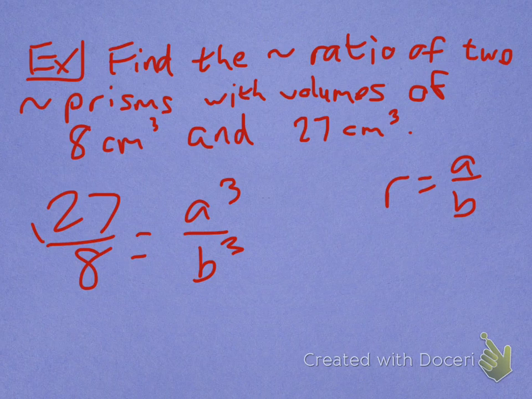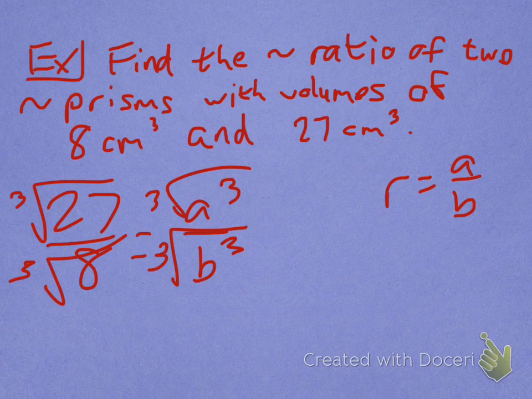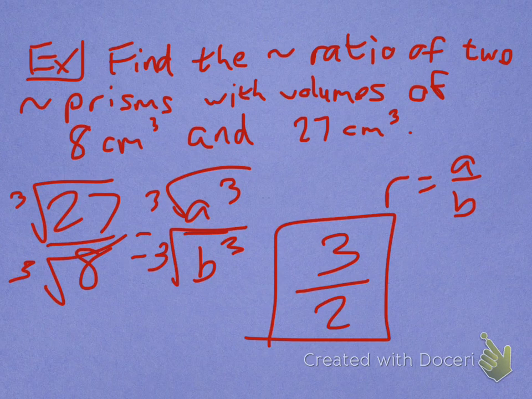Right? Well, then we just take the cube root of each of these. The cube root of 27 is 3, because 3 times 3 times 3. And the cube root of 8 is 2. So your similarity ratio would just be 3 over 2. Pretty straightforward.